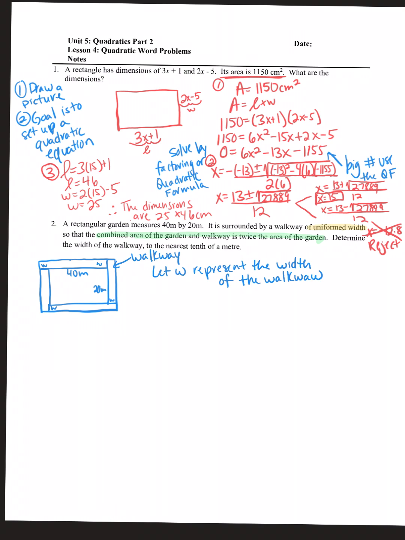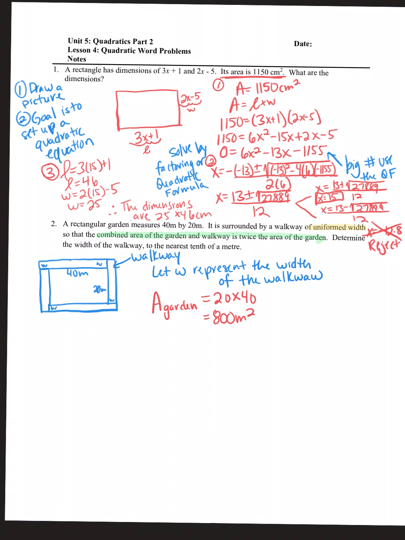It says that the combined area of the garden and the walkway is going to be twice the area of the garden. Well, let's figure out what the area of just the garden is right now. So we know area, and I'm going to write a little subscript for garden. So the area of our garden is going to be 20 by 40, which will equal 800 meters squared.